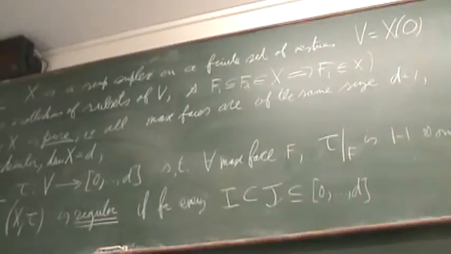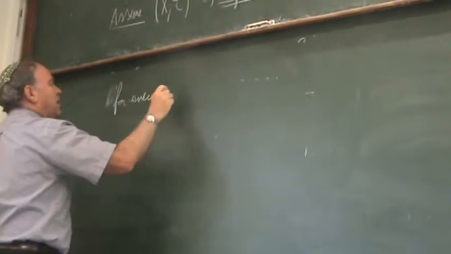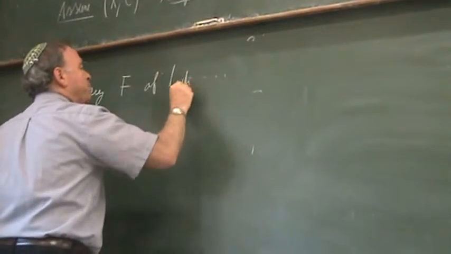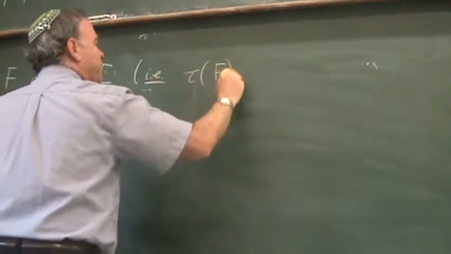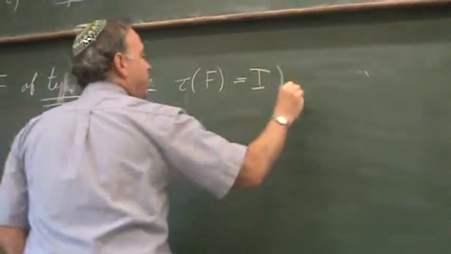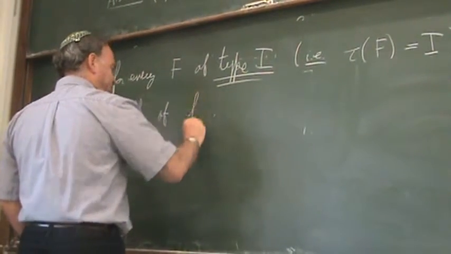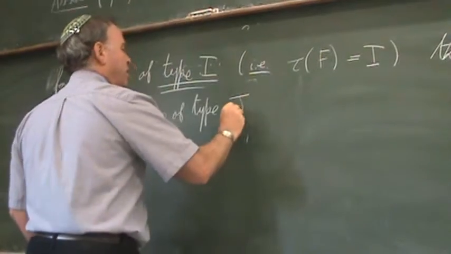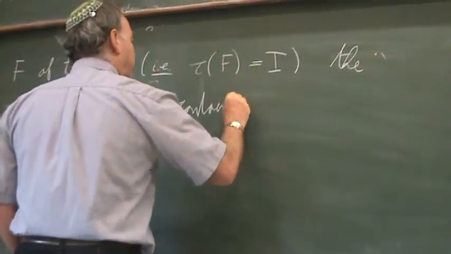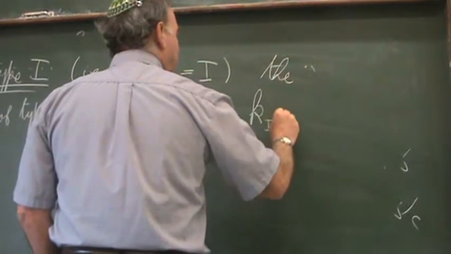And then I wanted for every I and J, for every face f of type I, i.e. tau of the set f is equal exactly I, the number of faces of type J containing it is k_IJ.